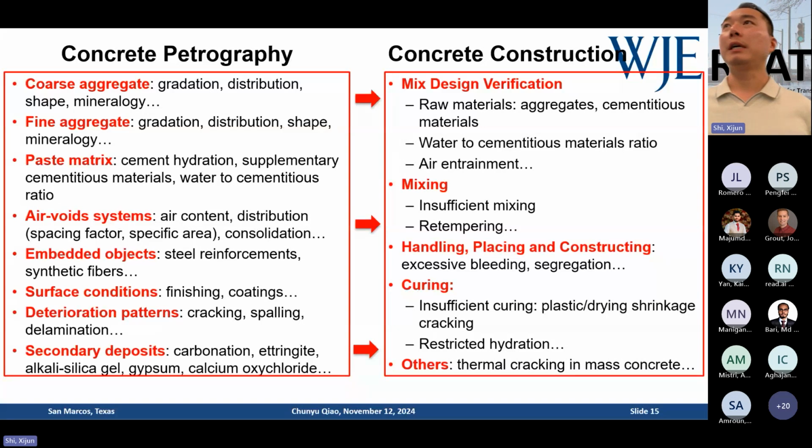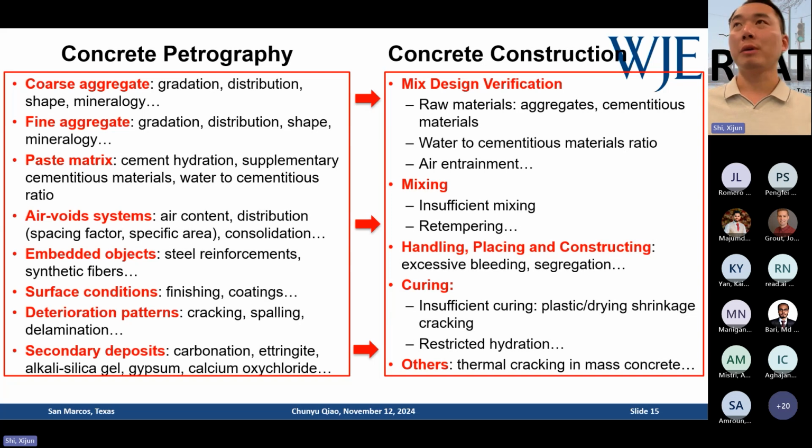So if you have a stiff mix, you have low slump, sometimes consolidation can be a major issue, honeycombs or any other defects like that. And also we'll look at the embedded objects. Of course, most of the structures we talk about are reinforced. So we want to look at whether it is steel reinforced or fiber reinforced or any other embedded objects.